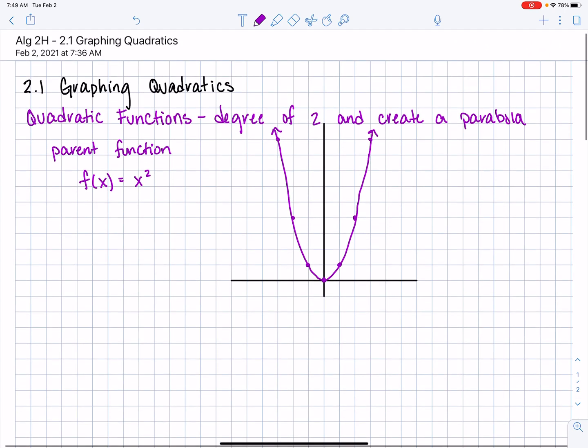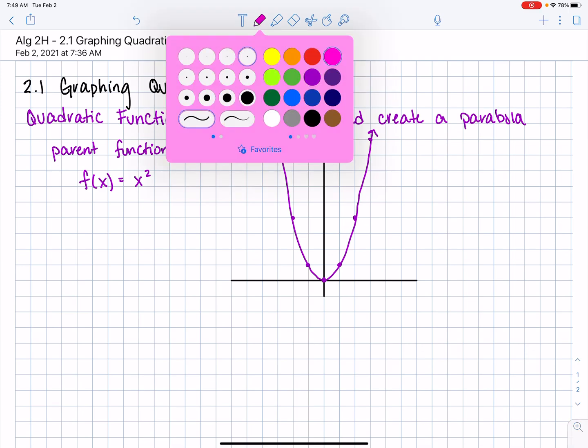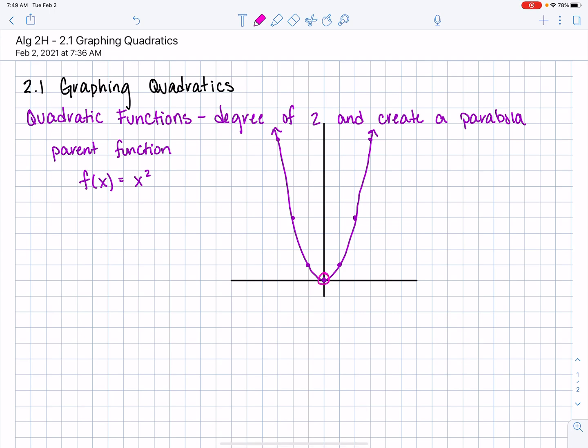to create this parabola. And parabolas have some vocab that we need to talk about. So this point down here, which happens to be our minimum, if the parabola is flipped over, it's the maximum, is what we called our vertex, right? And your vertex is either your maximum point or your minimum point. I'll throw that on here. It's either your max or your min, because you might want to know that for some word problems.